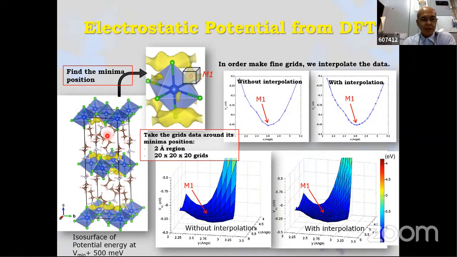So this is a very basic point from the viewpoint of the electric interaction. Then we need to know about the potential first, because the potential means where the muon would like to come.